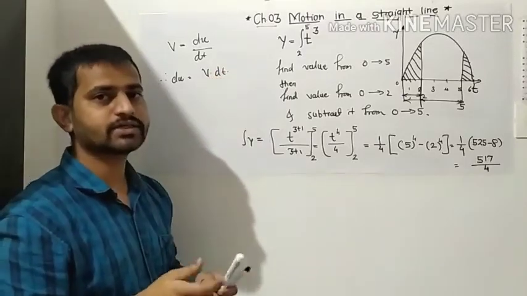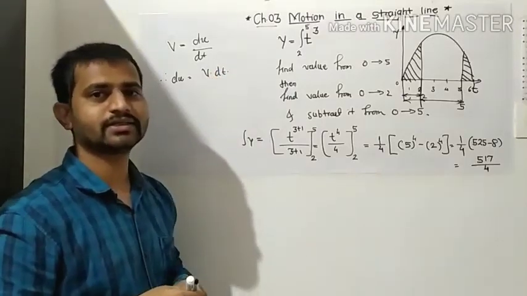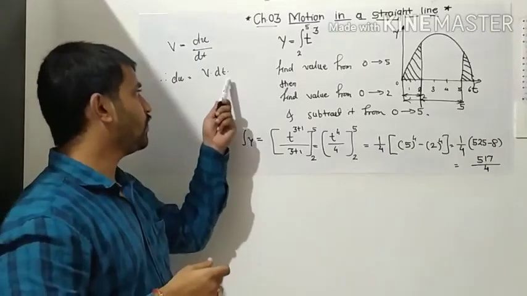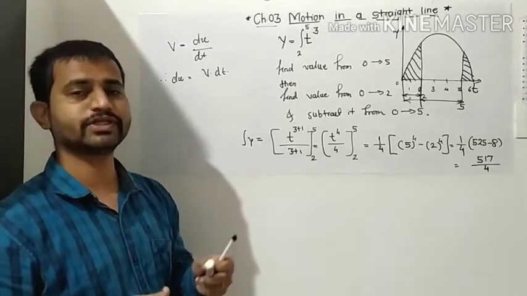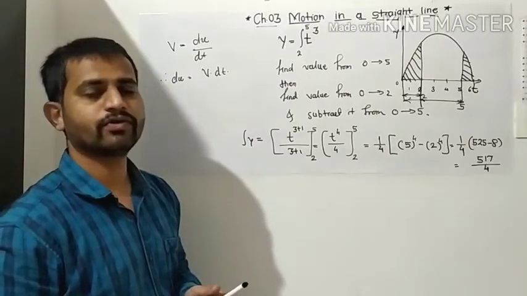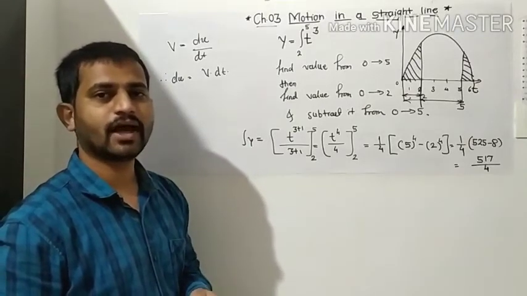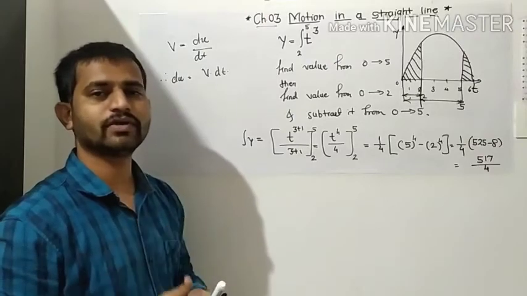So in this case we have to integrate this velocity with respect to time. We have to put some limits here, and we come to know that v is the one variable here.